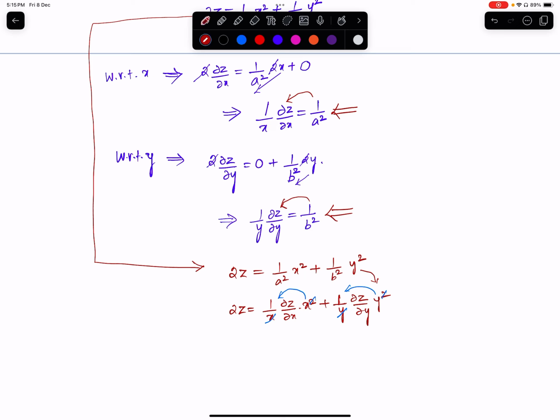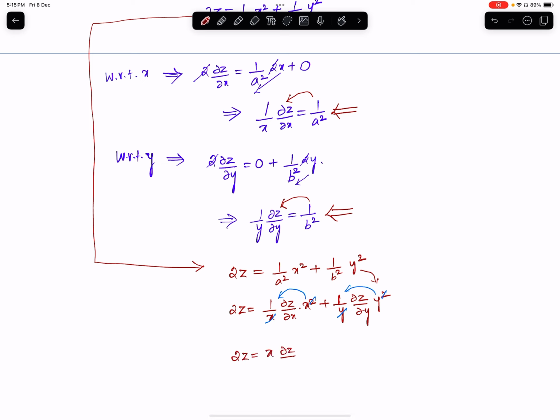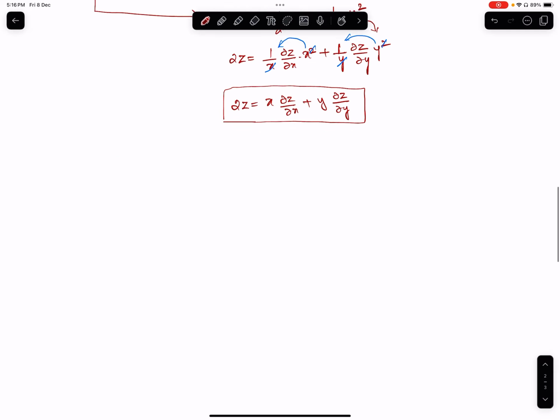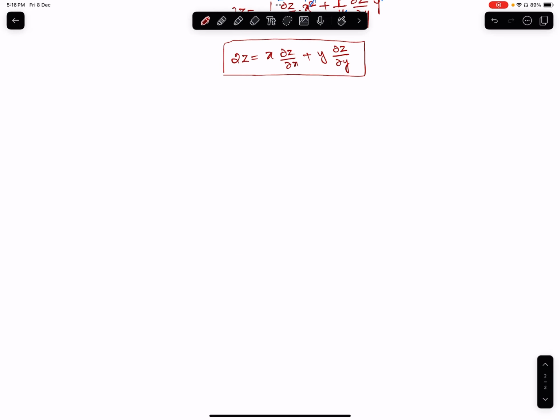So in the next step, this will become 2z is equal to x dou z by dou x plus y dou z by dou y. Finish. This is the required PDE after eliminating the two arbitrary constants a and b. Okay, so let us go to the next question.